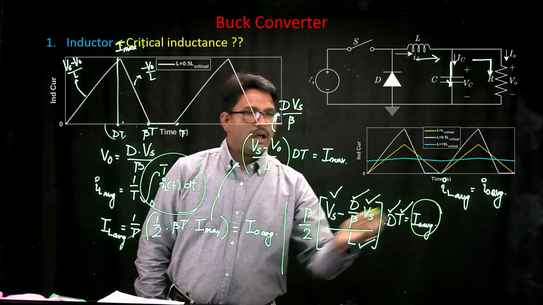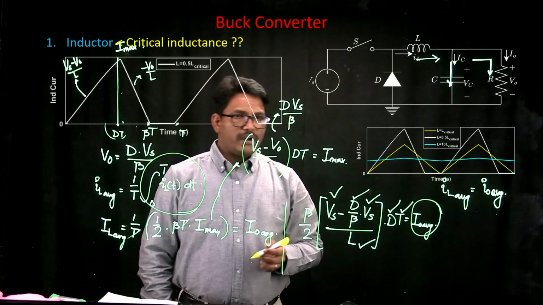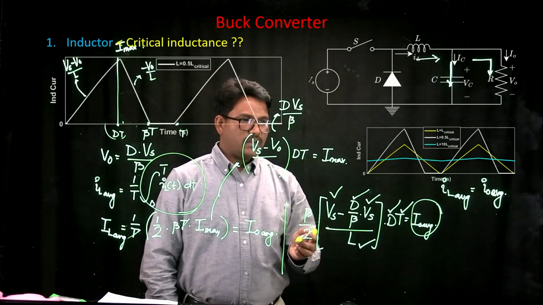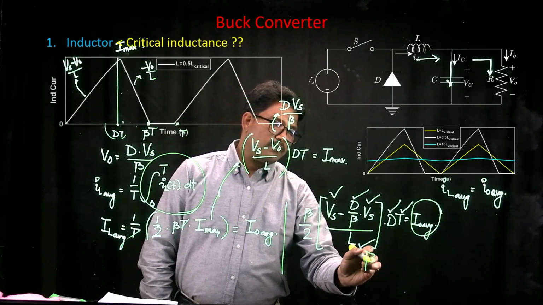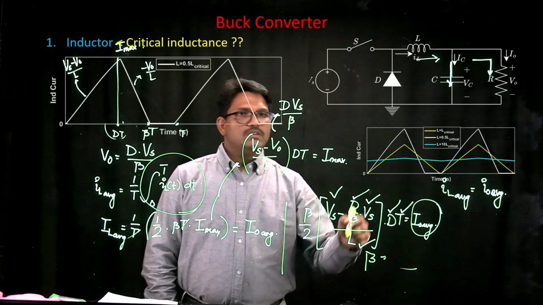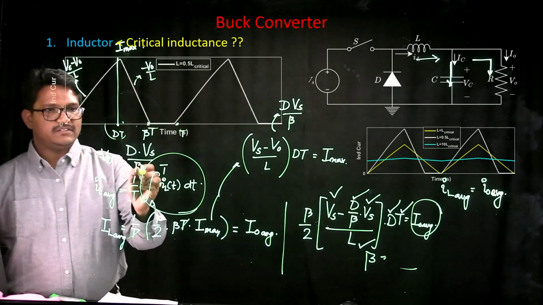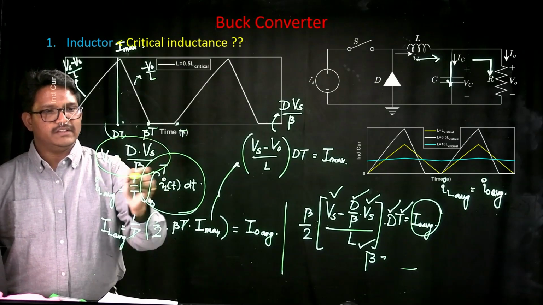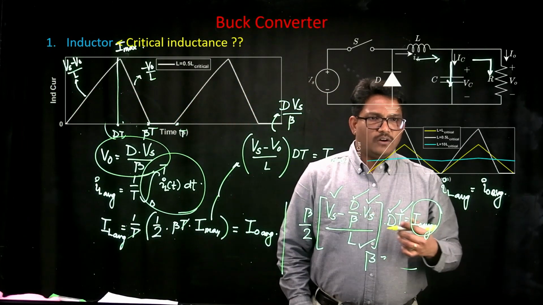Provided that you know the average value of the output current, you will be able to calculate the value of beta. So beta can be calculated from here. Once you know the value of beta, you will be able to calculate the output voltage as D times Vs upon beta. So that's how we'll be able to calculate the output voltage here.